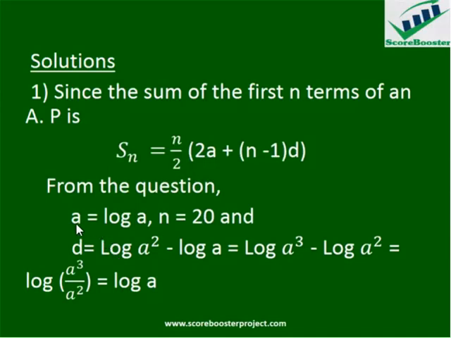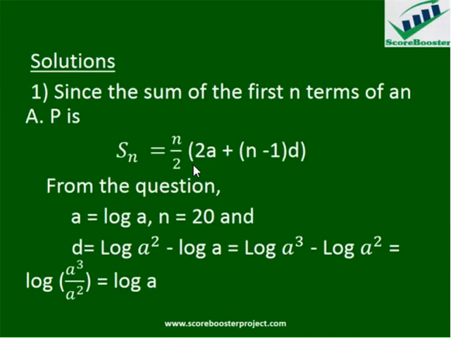So here we have the first term to be log a, the number of terms to be 20, and the common difference to be log a. We substitute all these values into the formula for the sum of the first n terms of an AP to obtain the sum of the first 20 terms.